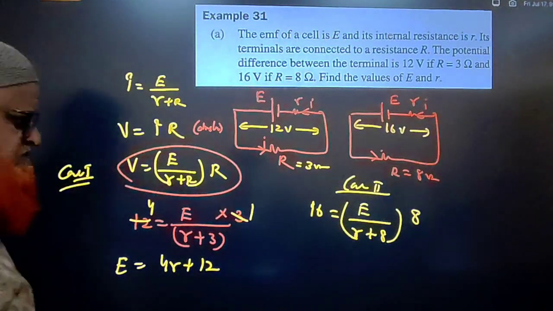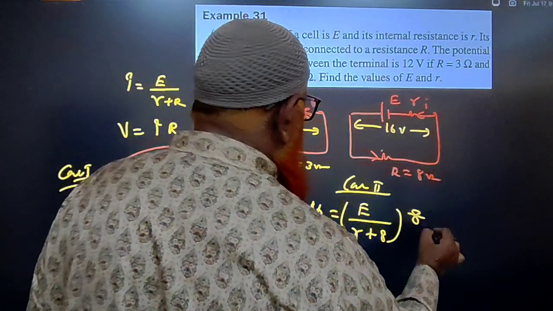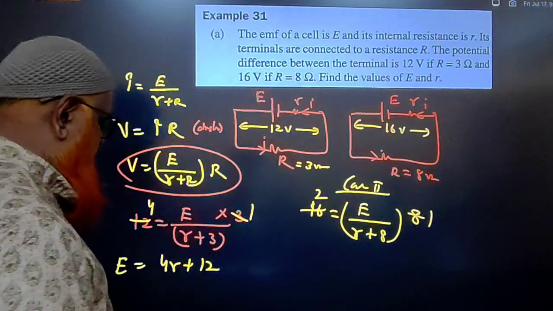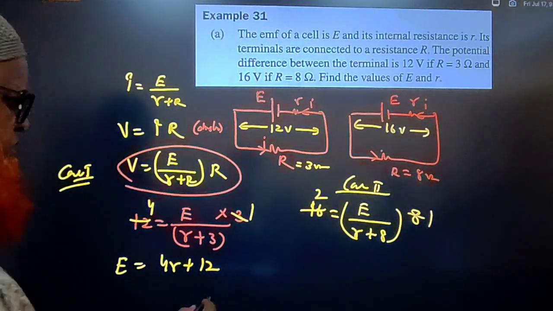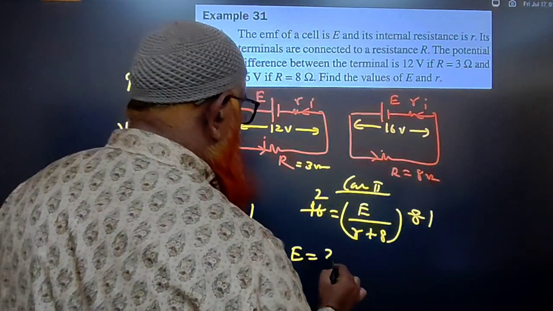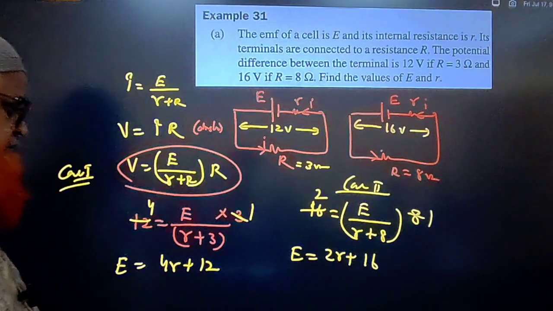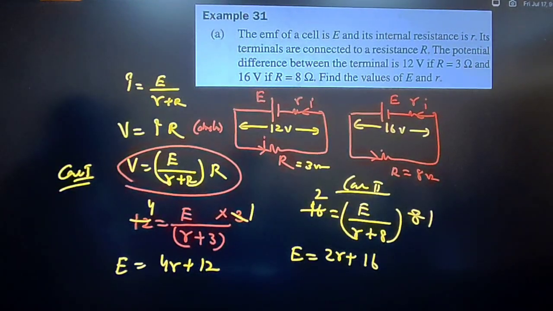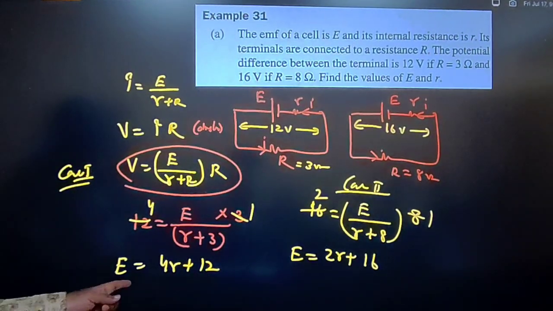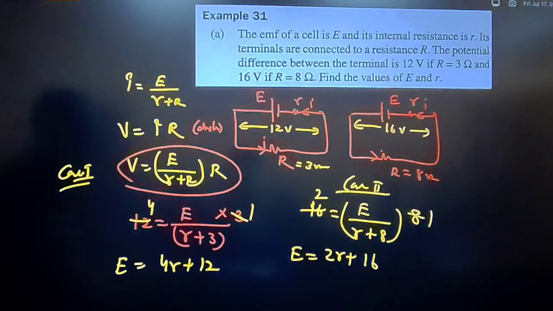So what do you understand from this now? 8 once is 8, 8 twice is 16, is it okay? So what are you going to get now? E is equal to 2 into small r plus 2 into 8, that is going to be 16. From this, can you find out what r is first? It's very easy to find r.